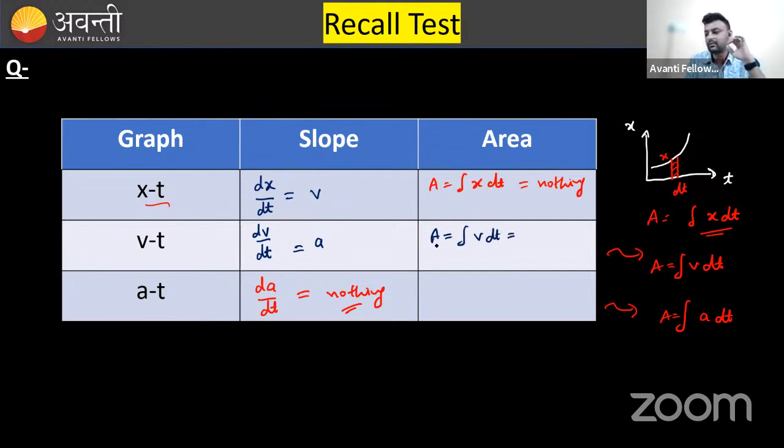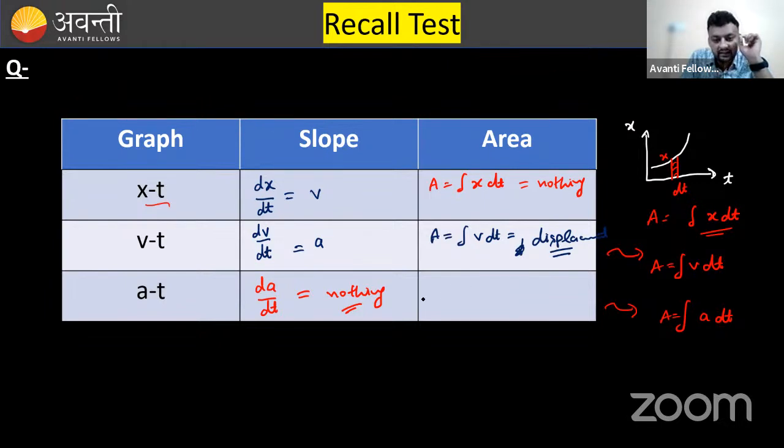Can anyone answer? JNV Bhavnagar, can you answer? What will area under the vt curve give? Area under the vt curve gives us displacement.